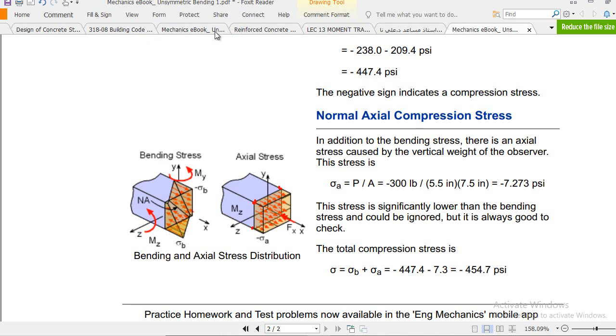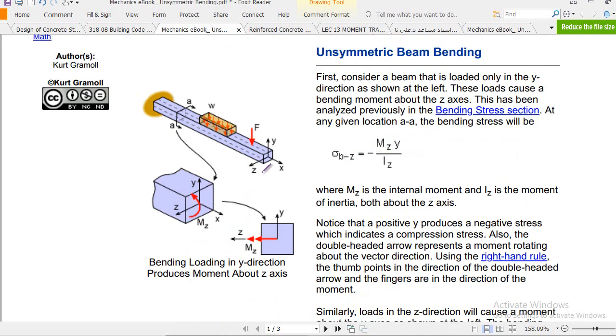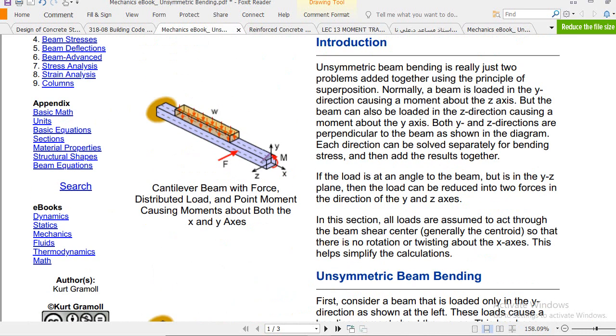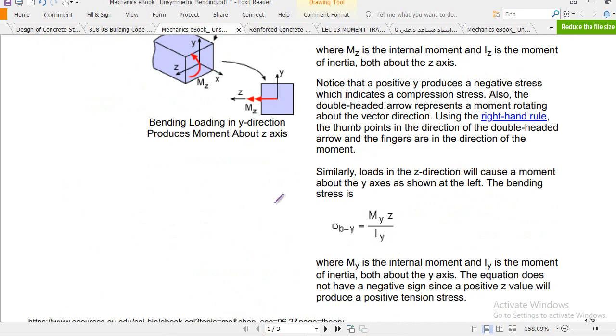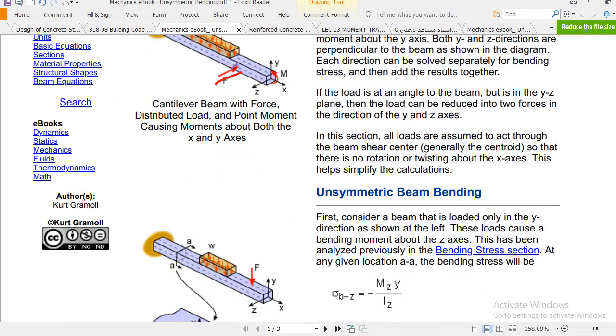Let me share one example. This vertical load causes moment about the z-axis, and this horizontal force causes moment about the y-axis.